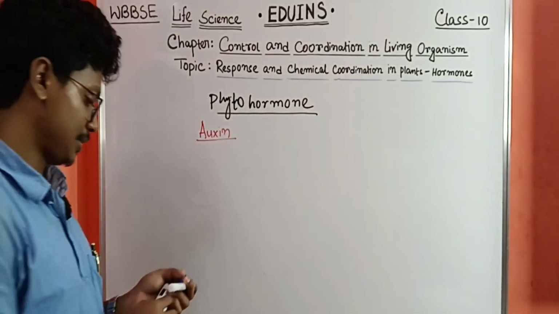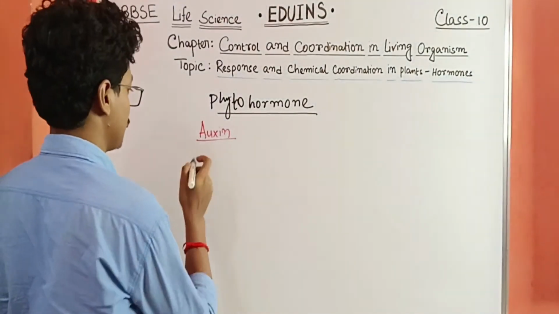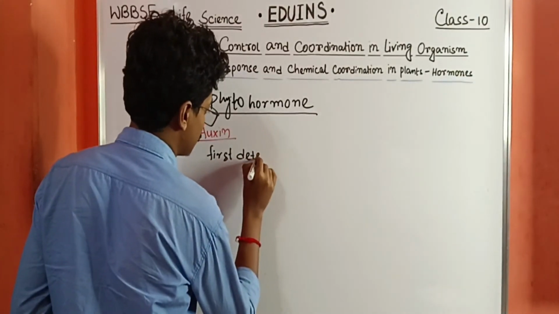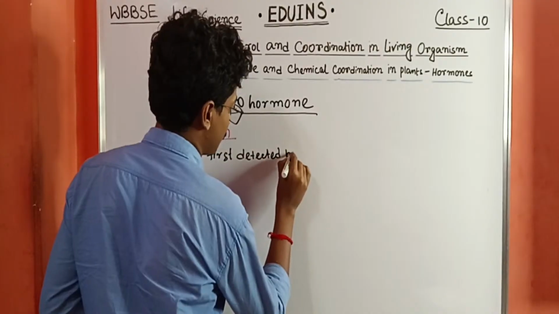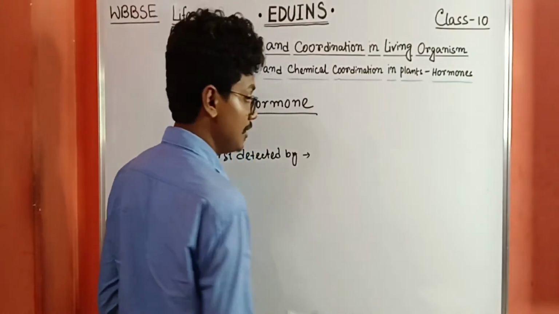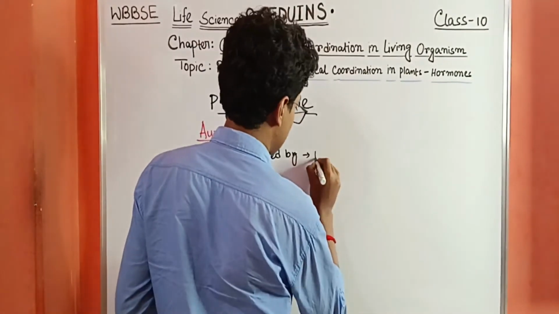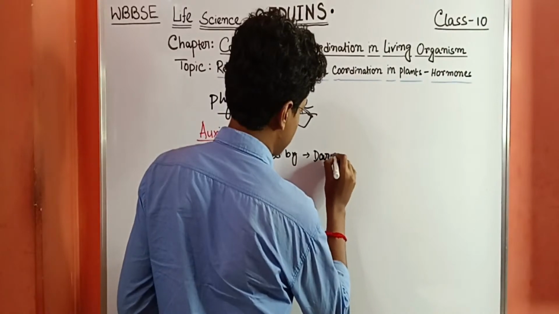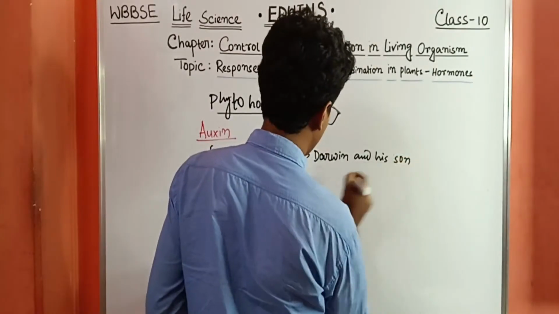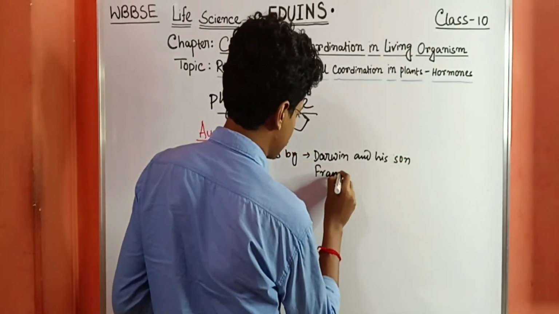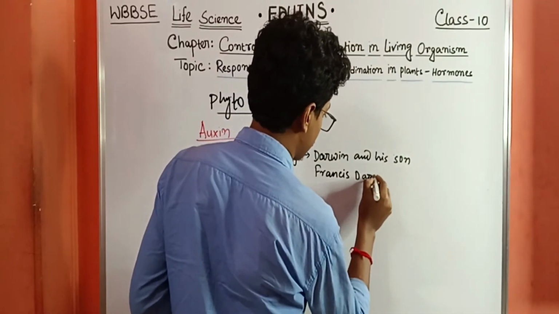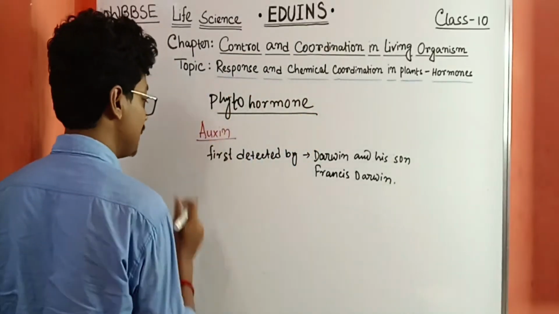Auxin was first detected by the great scientist Charles Darwin and his son Francis Darwin.